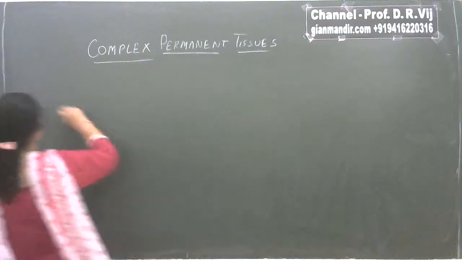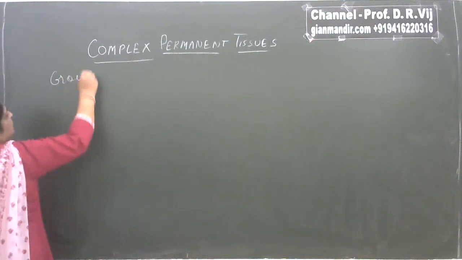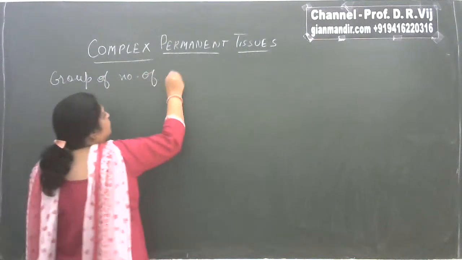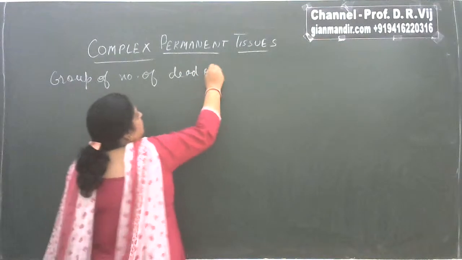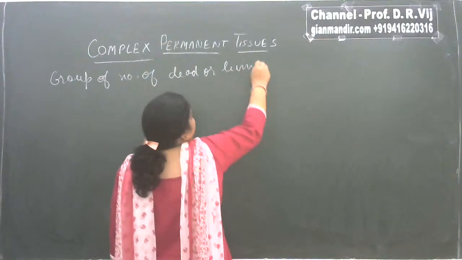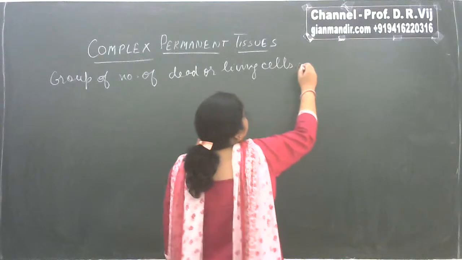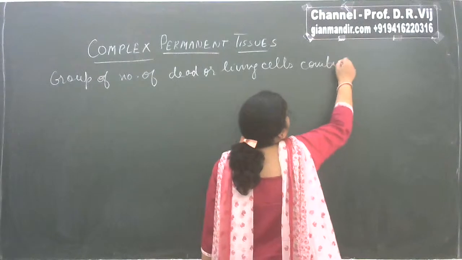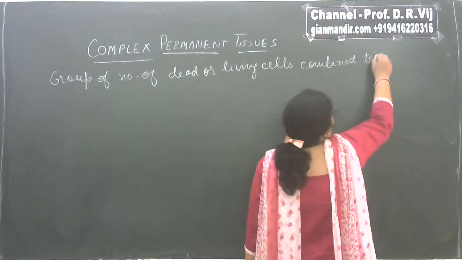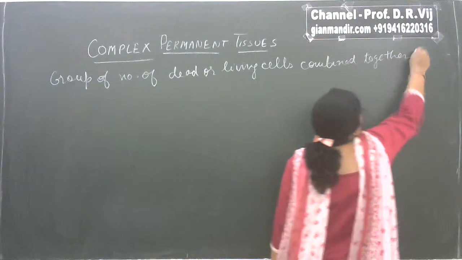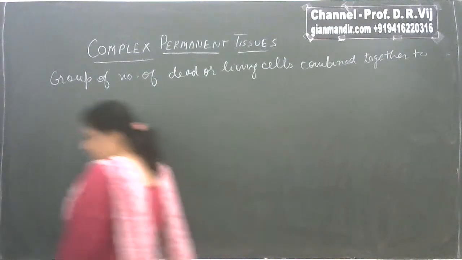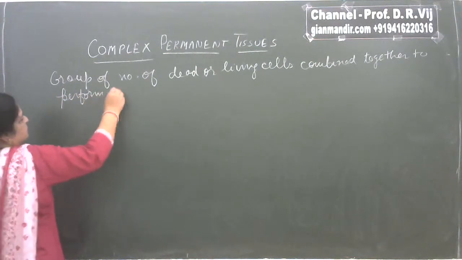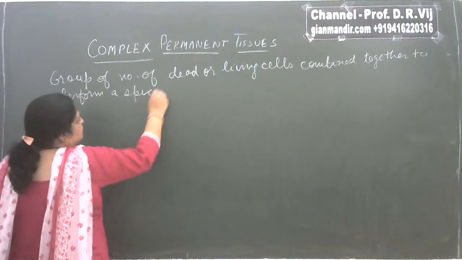So complex permanent tissues are, you can say, a group of a number of dead or living cells combined together to perform a specific function.